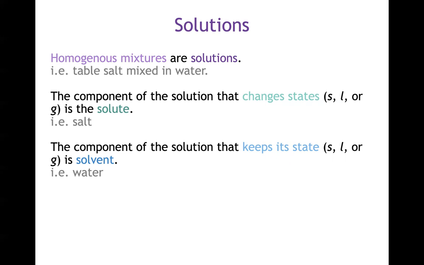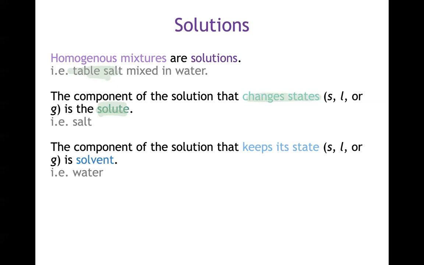So how can we identify the difference? What is the solute and what is the solvent? Well, the solute is basically placed inside the solvent, and the solute will change its state. In the case of table salt, it was originally solid, and then the solid dissolved in water.